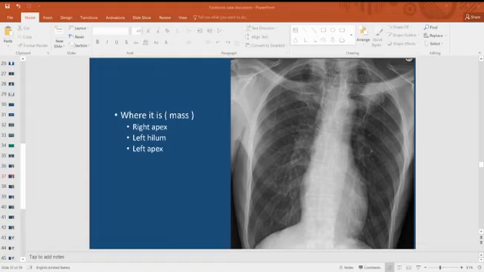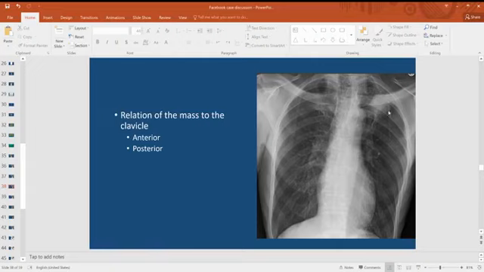Is it anterior or posterior to the clavicle? Take a few seconds to answer this question, and let us see.